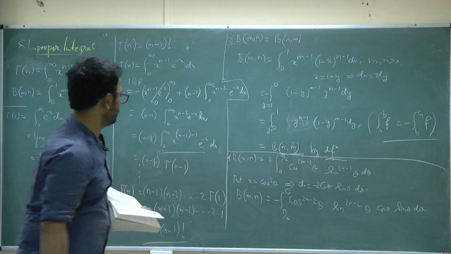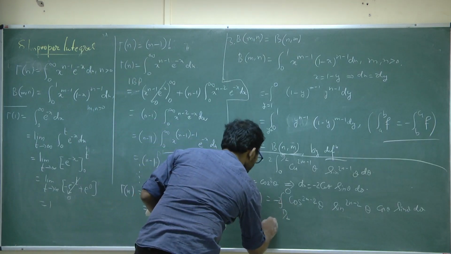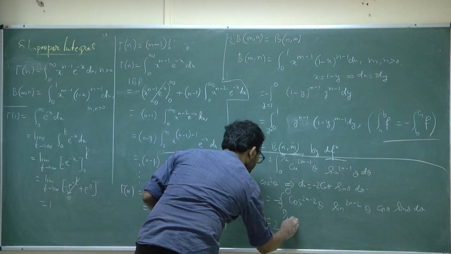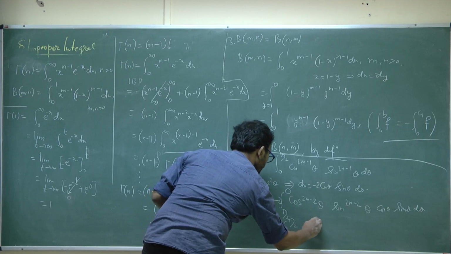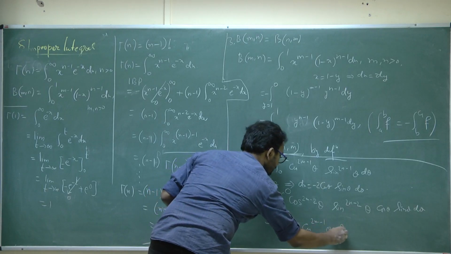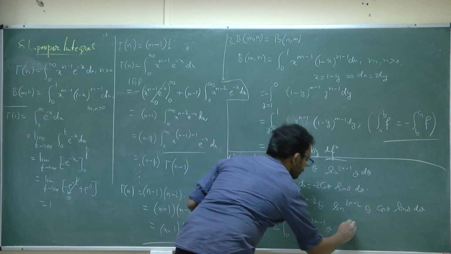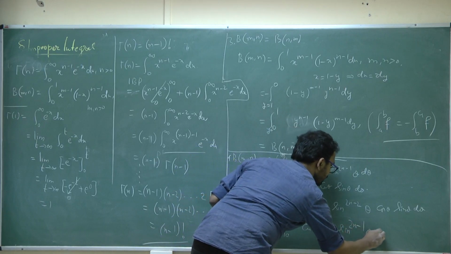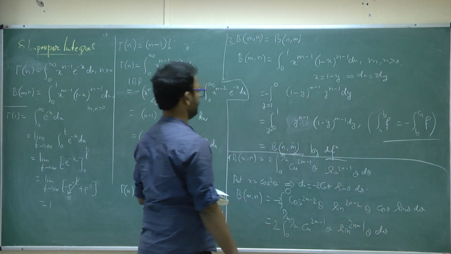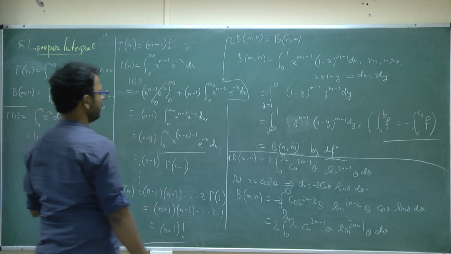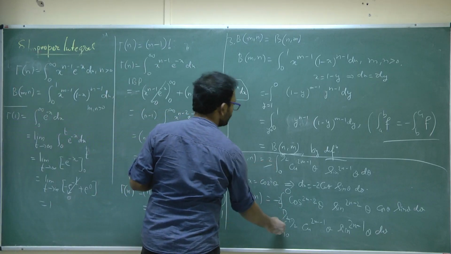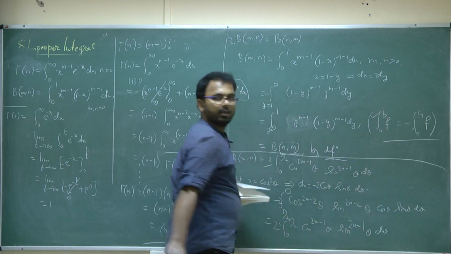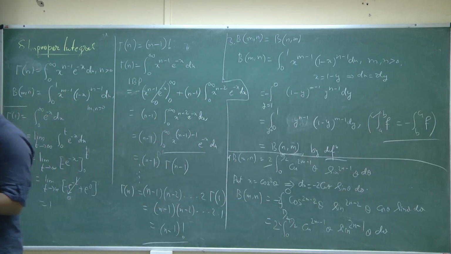So, there should be a 2 also, and this entire thing can be written as 2 times the integral from 0 to pi by 2 of cos to the power 2m minus 1 theta sin to the power 2n minus 1 theta d theta, which is what we wanted to prove here. And from here to here we have used this formula.